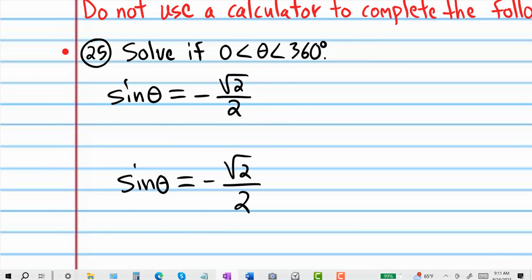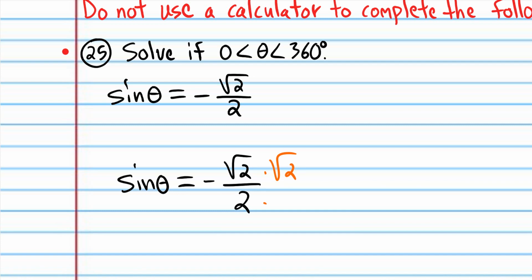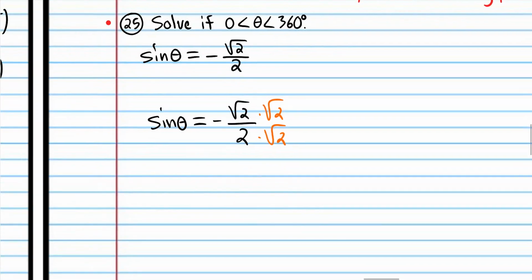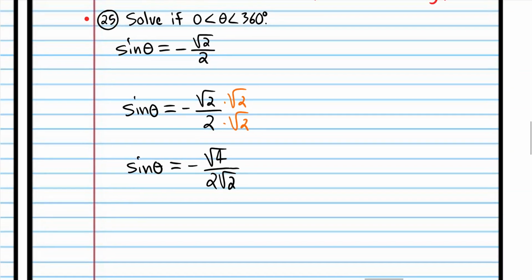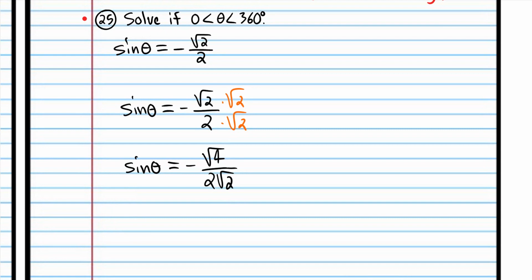So I'm going to multiply both sides of the equation by root 2. And this is something that you need to be aware of throughout the trigonometry curriculum. You're going to see these ratios, and they are special ratios. They're just in a different form.